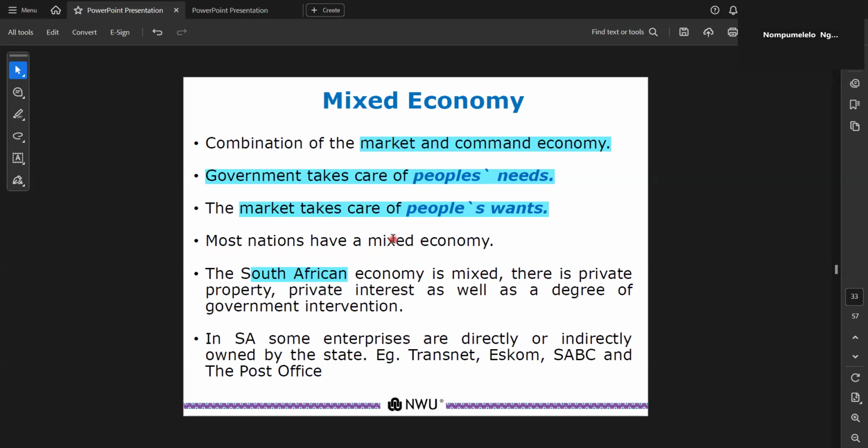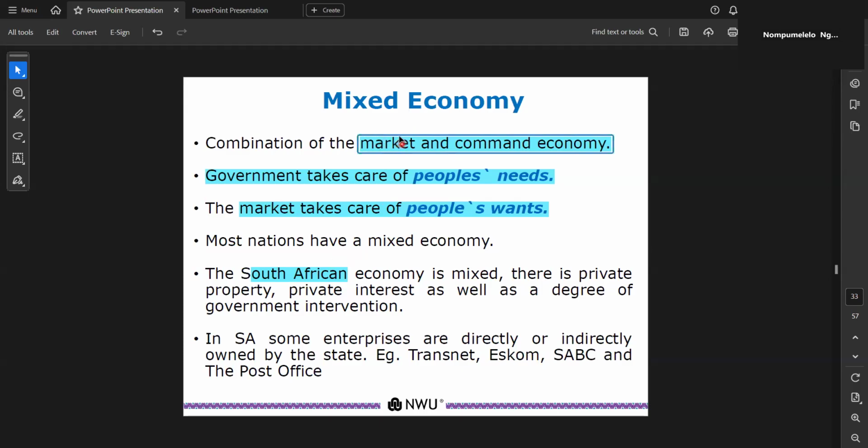So yeah, that's all, Jenny. What you have to know about the mixed economy is that it's a combination of the market economy and the command economy. So the government takes care of our needs by providing us with public goods and services, by providing us with infrastructure and healthcare services, and so on. And also the market takes care of our wants. It's a combination of market and command.